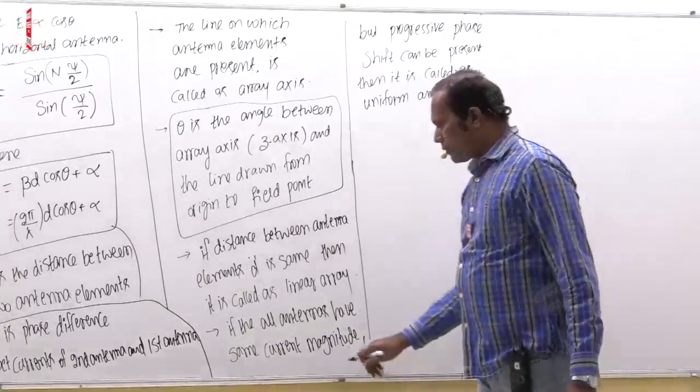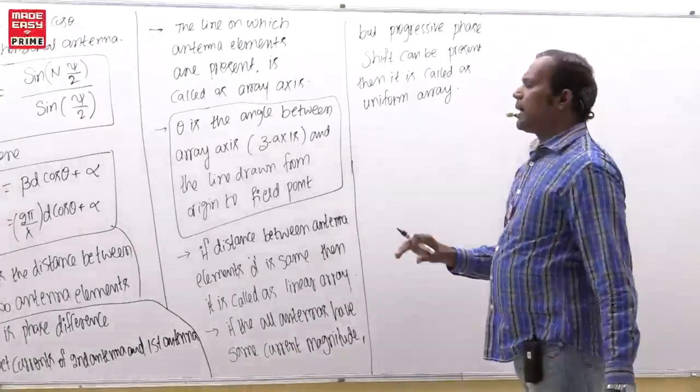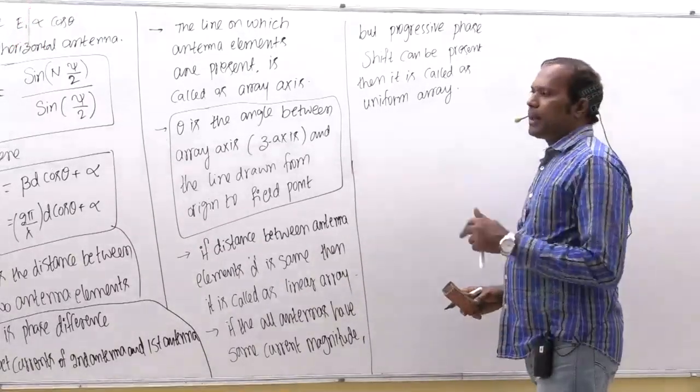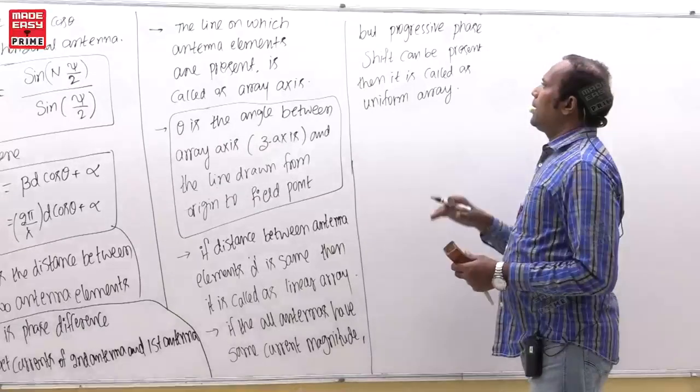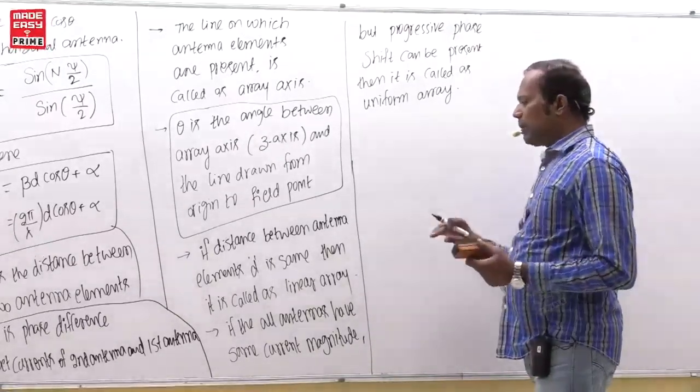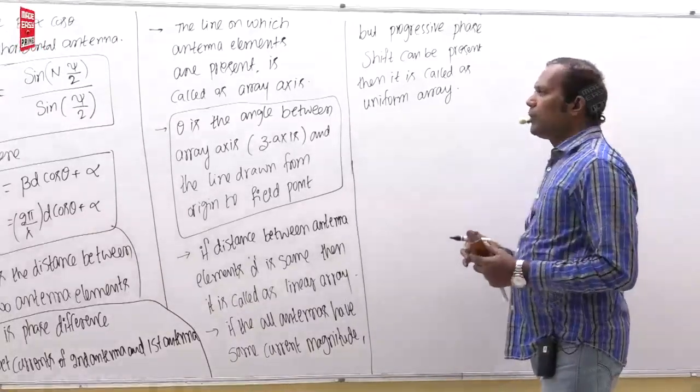Same current magnitude. So here we have taken all antennas have same current magnitude called I0, that is nothing but maximum value of the current, and the progressive phase shift alpha is there, then that is called uniform array. That means we are talking of linear and uniform array.